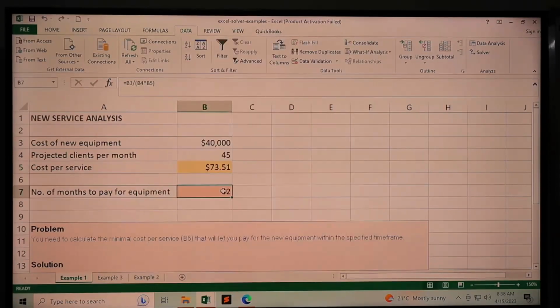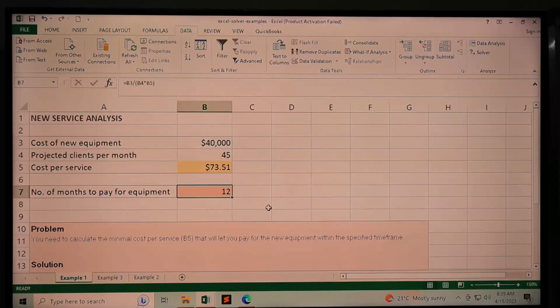If you click on that cell, you'll find the formula there. The formula helps us get the number of months to pay the equipment. So you take the cost of the new product, the projected clients per month, then the cost per service. And to roughly estimate this, I'll give you a value of 12 months.